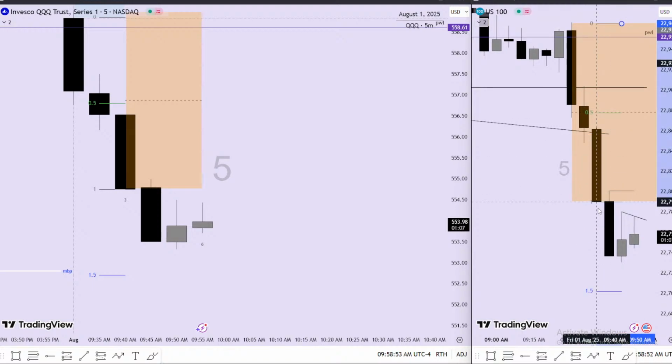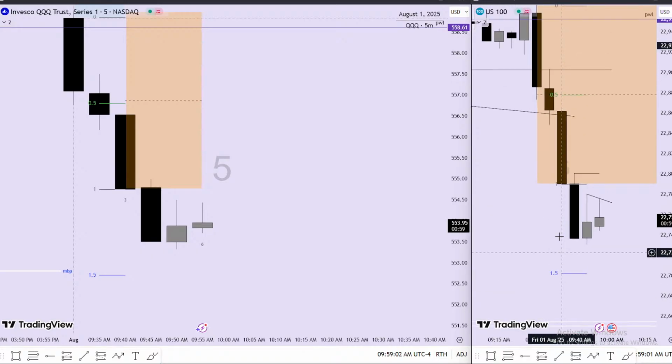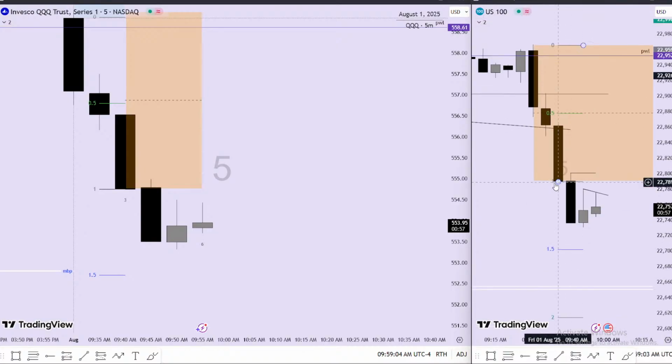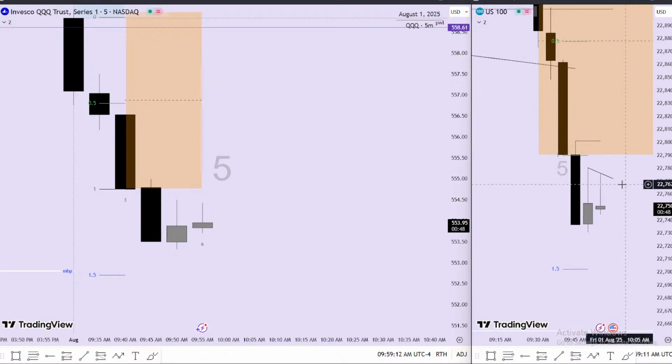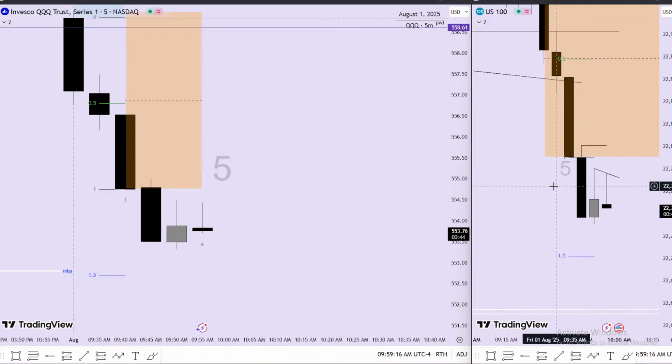If someone sold this low, the close of the 15 minutes, they haven't even gotten half of the reward. So that trade is still pending.